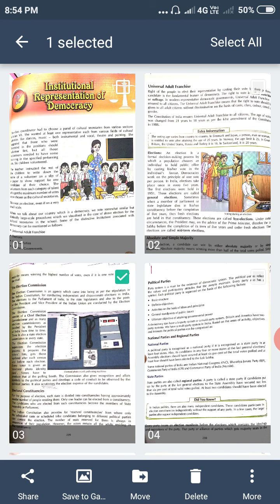Now, the monitor is elected and he becomes your representative, meaning he talks to the teacher on your behalf. He discusses the problems of the whole class with the teacher.